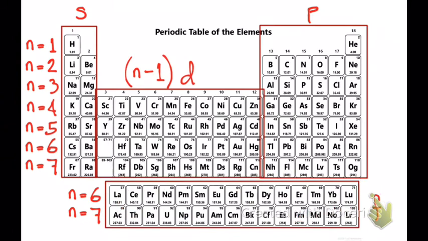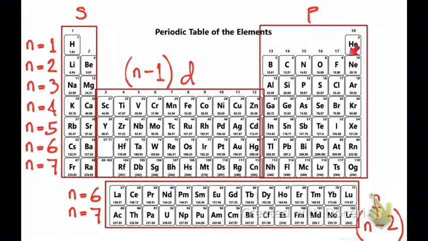Okay, and then if you're dealing with one of these elements that involve the F block, you subtract 2 from the row number. So you can use this information to basically write out any electron configuration for any element in the periodic table. And you can also combine this technique with the noble gas electron configuration.